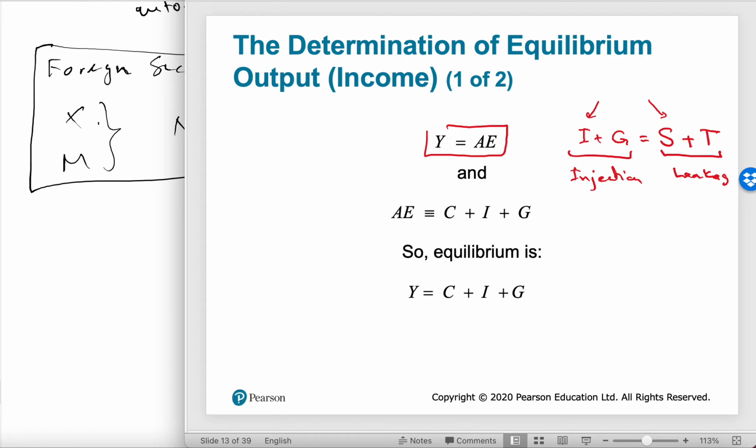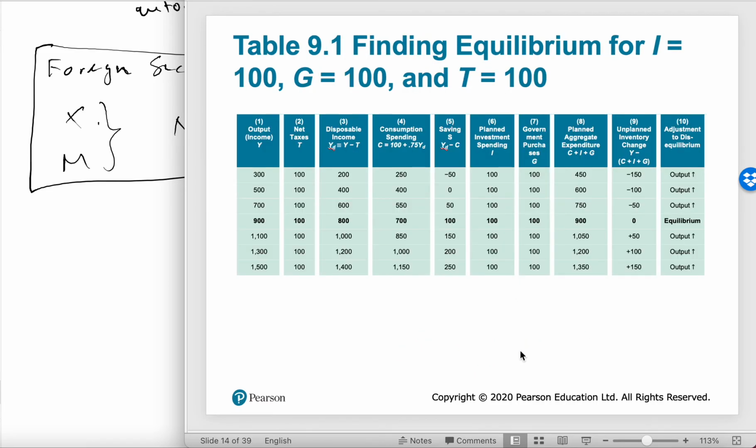To determine the equilibrium, you should just equate this with Y and solve it. So we have C, which is A plus B times (Y minus T0), and I0 plus G0. This should be equal to Y. So the only unknown variable is now Y, and we will solve for that, which is happening with the table.